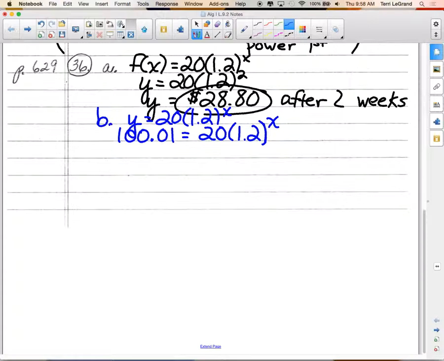Oh, well then it's going to be after like 8.5. Well, no, they don't do it in halves, they draw the next week, so after 9 weeks, if it goes unclaimed for 9 weeks, x is going to equal 9 weeks. So that was the question, 9 weeks, it will be greater than $100.